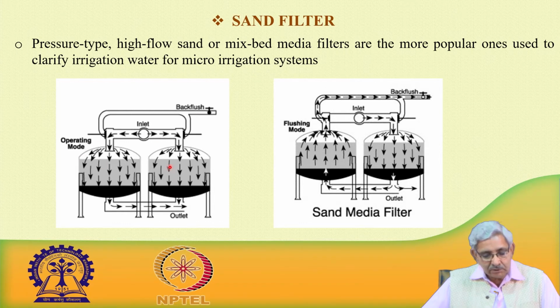So, here this is a double cylinder or duplex kind of sand filter, where two cylinders are used. So, water is coming from the source, it passes through the gravel, and then the sand.